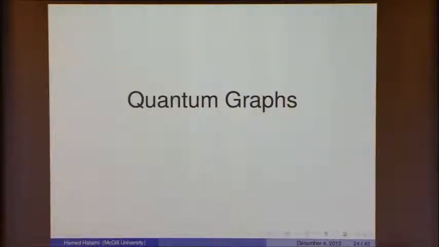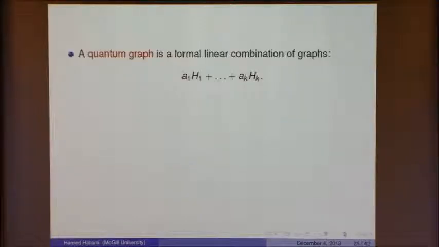Okay. So the next notation I'm going to define is a very abstract thing, and it just simplifies writing things. It's basically abstract nonsense. So a quantum graph is just a formal linear combination of graphs. Given any set of graphs H1 to Hk, and some numbers, I'll define this formal linear combination and call it a quantum graph.